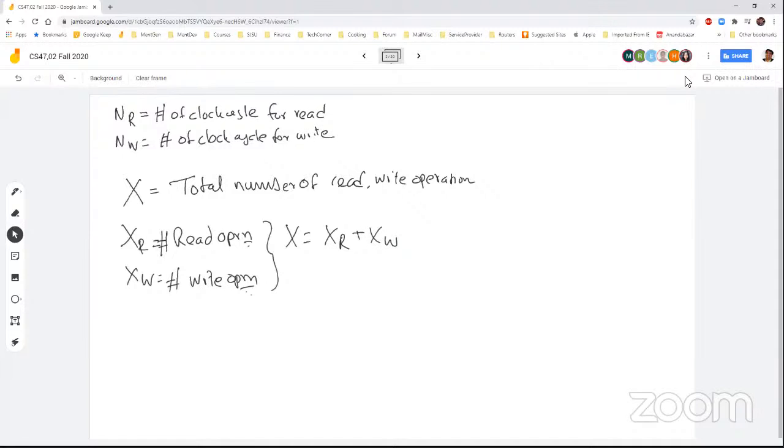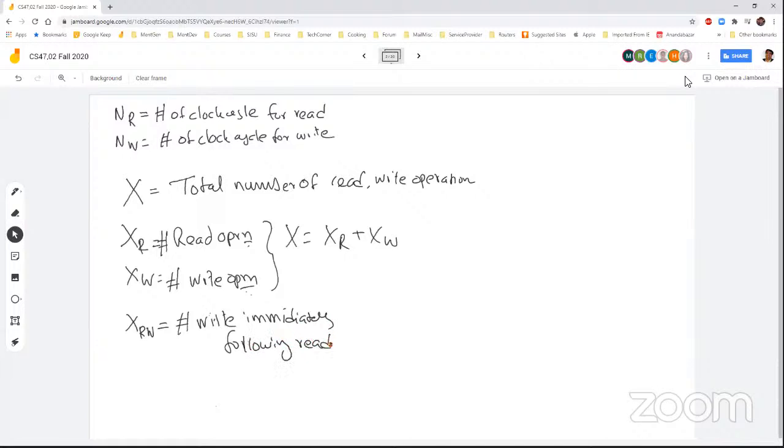So this information will be given to you in one of the forms, right? Either it is a mixture, like 80% read operations, and out of that, like 10% is followed by a write operation, and so on. That's one other important thing to be done: how many of these write operations immediately follow a read operation.